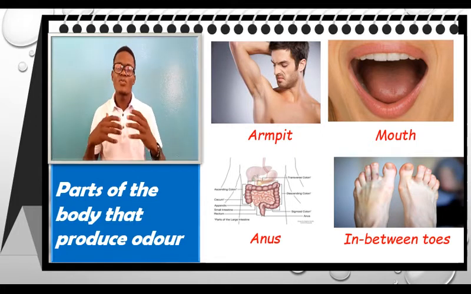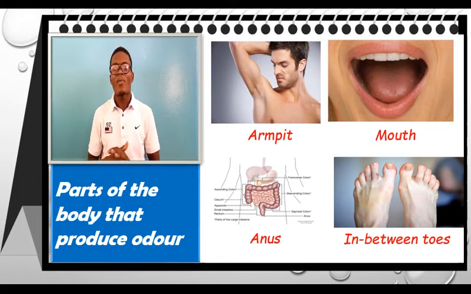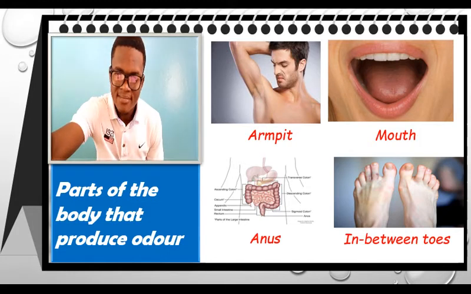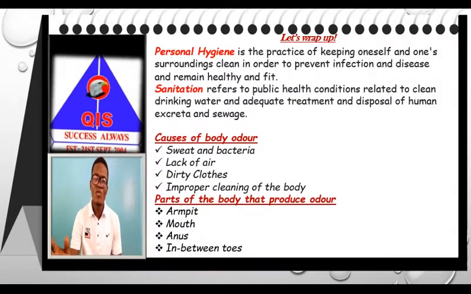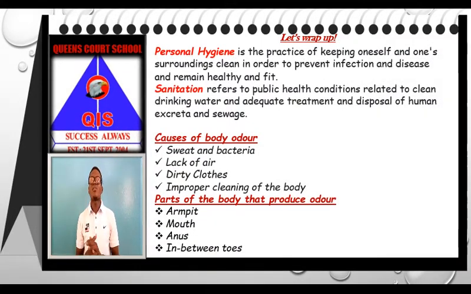So we're going to quickly wrap up with a summary of our lesson. Let's quickly summarize our lesson as we've talked about our objectives, the definition of personal hygiene, sanitation, and the causes of body odor, and then some parts of our body that produce odor.